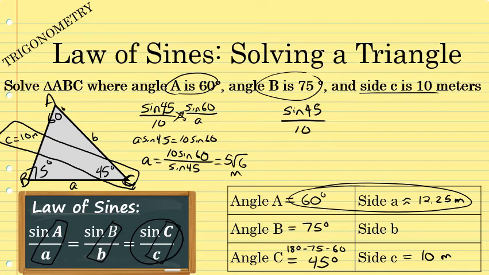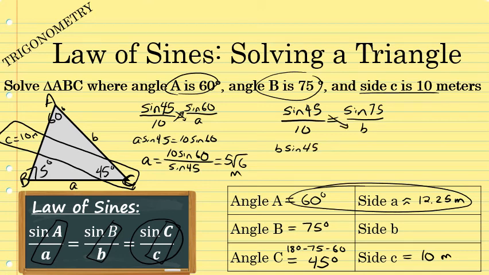I'm going to use the sine of 45 over 10, the sine of angle C over side C, because that information is exact. That was exact given information. And I'll set this equal now to the sine of angle B over side B. It's actually the exact same equation, except the numerator of the second fraction is the sine of 75 instead of the sine of 60, but it's solved the same way.